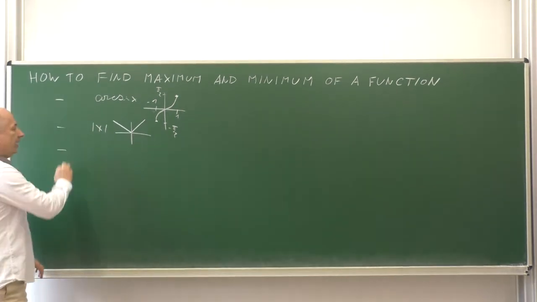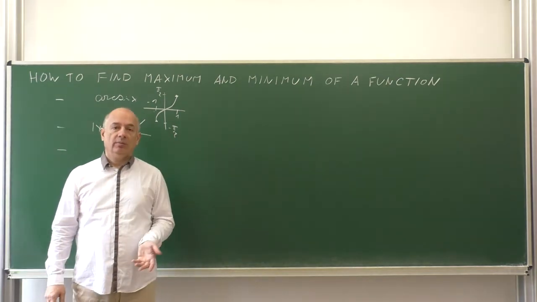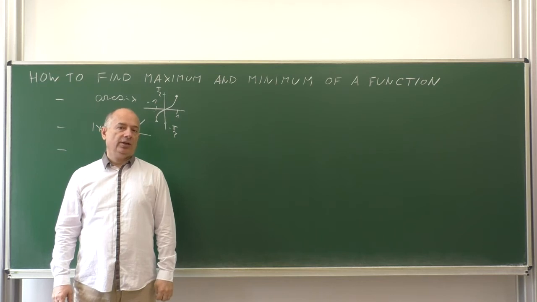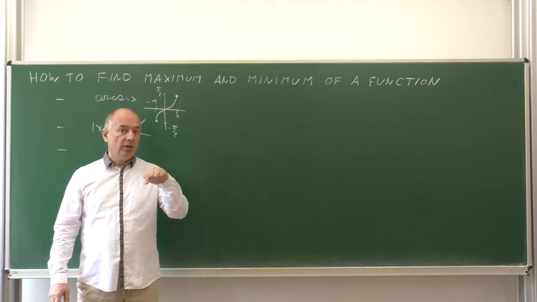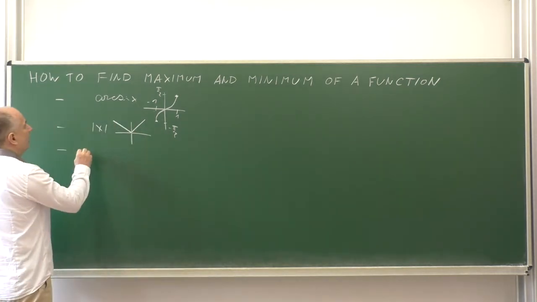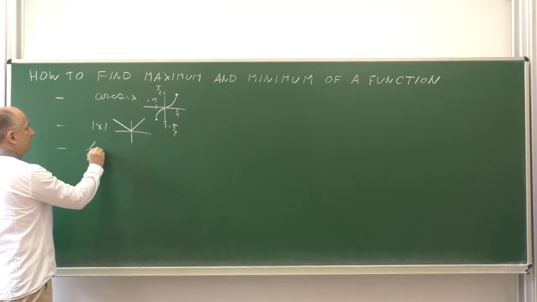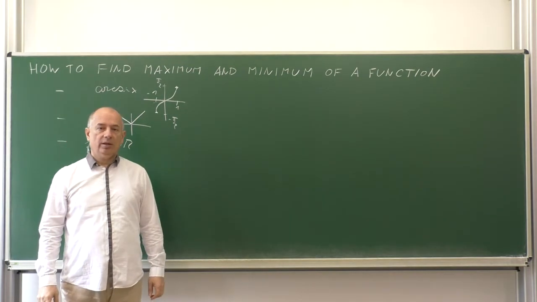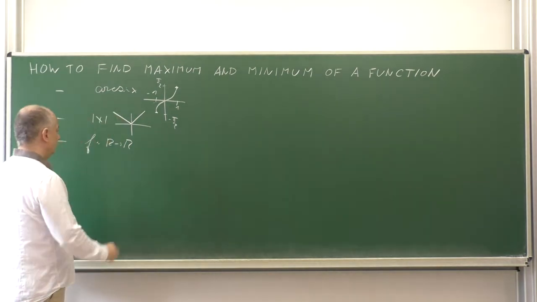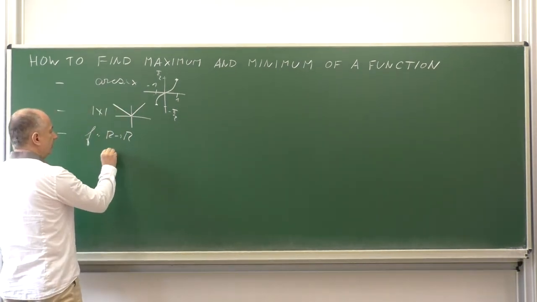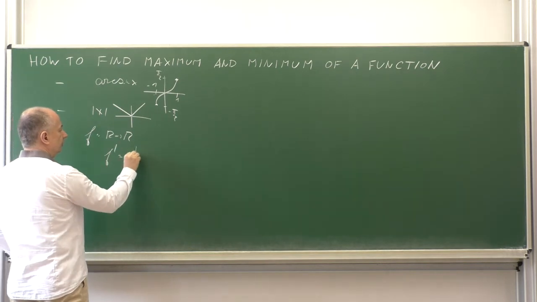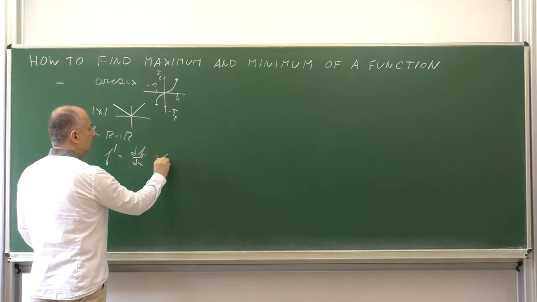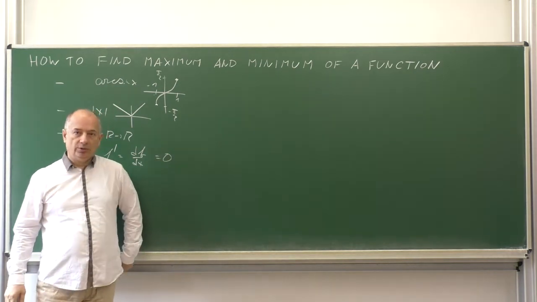Well, and the third case that we will be talking about in much more detail is when the derivative exists, but then it must be equal to 0. If we have a function f from R to R, that means just function of one single real argument, then we compute the derivative, denoted by f prime or dy dx, and we want this to be equal to 0.